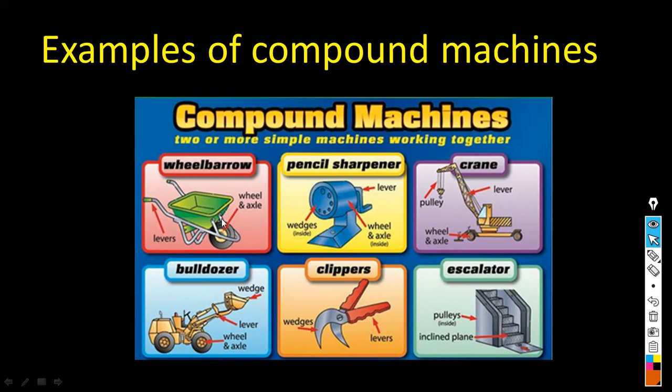And we have the wheelbarrow, la carretilla, the pencil sharpener, the crane, the bulldozer, the clippers, and the escalator. Let's just pay attention to these last two, the crane and the escalator, okay? Don't mind the other 4. So look at this. What do we have here? In the crane, what we have, for example, in this part is a lever, which is a simple machine, right?